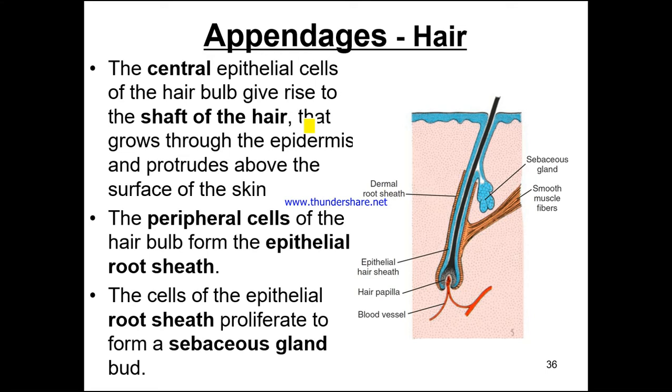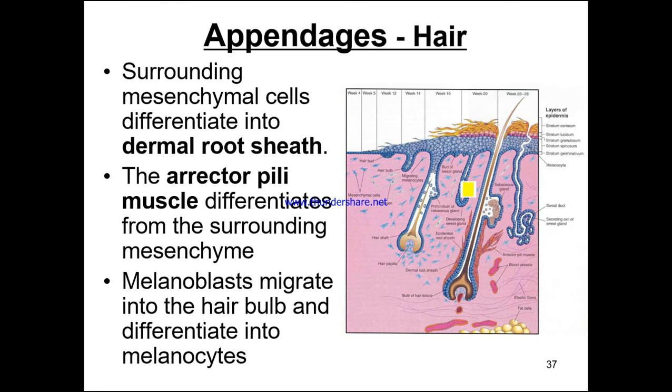The peripheral cells of the hair bulb form the epithelial root sheath, and the cells of the epithelial root sheath proliferate to form a sebaceous bud. So here we can see, after the 20th week, the dermal root sheath, the epithelial hair sheath, the hair papilla, blood vessel communication, smooth muscle fibres, and the sebaceous gland.